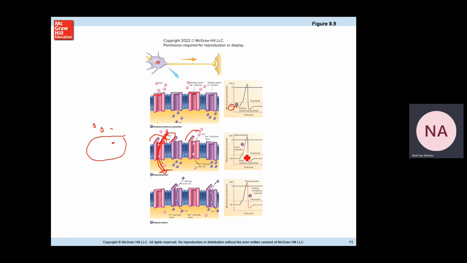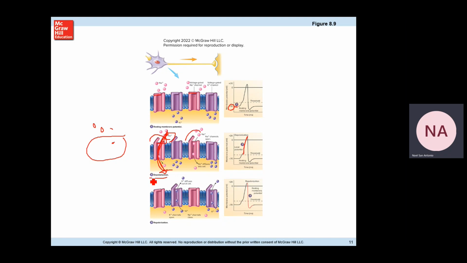That's why if you look at the graph, tumaas na yung graph. Naging positive na siya. And that change of the potential of the inside of the cell membrane from being negative to positive is called depolarization.